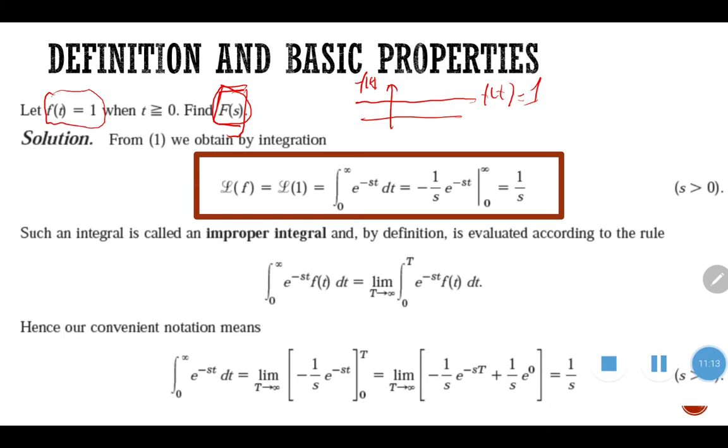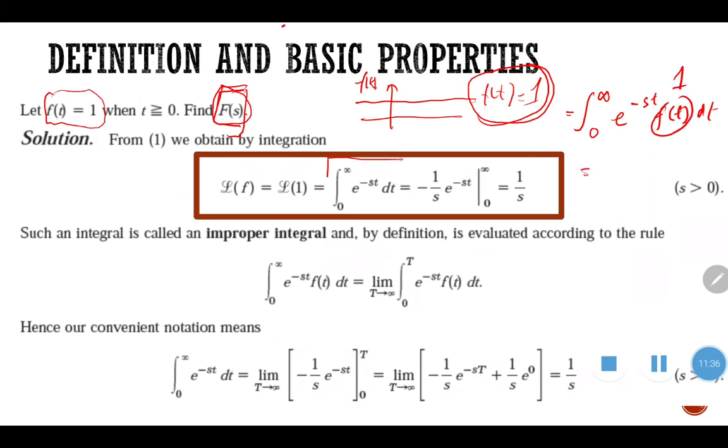So to calculate, use the formula from just now. Okay, what was the Laplace transform formula? Okay, integration from 0 to infinity e to the power of minus st f(t) dt, right? So for this question, f(t) is equal to 1, so just substitute with 1.